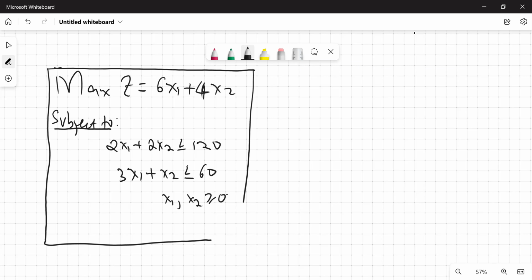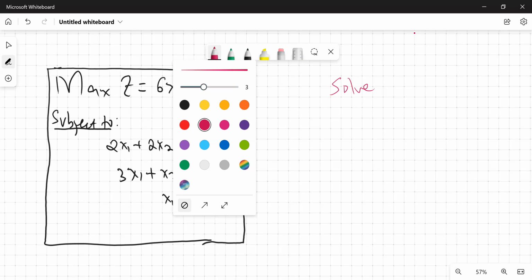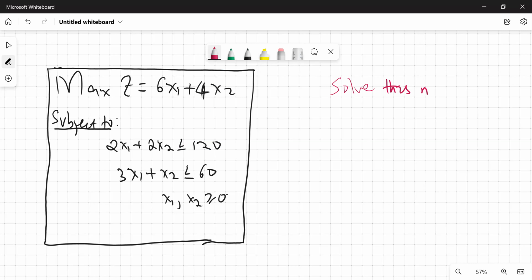We need to plot the resource constraints, including the non-negativity constraints, and then show what our feasible region is. Then from the feasible region, we should be able to obtain the optimal solution. So how do we proceed? Solve this model graphically.